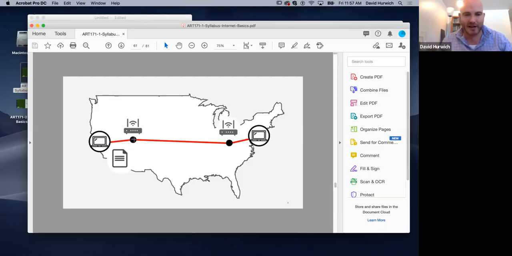So it sends the file through my local router, which is in my house. That router sends it to another router, which then sends it to another router, and eventually their local router, and they get access to it. So it's very similar. The router's job is basically, like it sounds, to route information so that it all gets to its appropriate location.